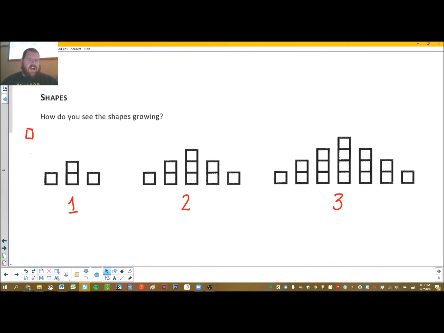I'm going to take 5 more squares, and they are going to drop down. And wherever they land, if they land on top of a square, then they sit on top of that square. And if they land on the ground, then they land on the ground. And that's how this next picture is built.